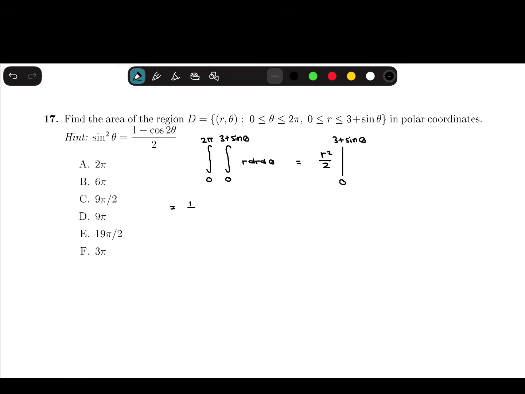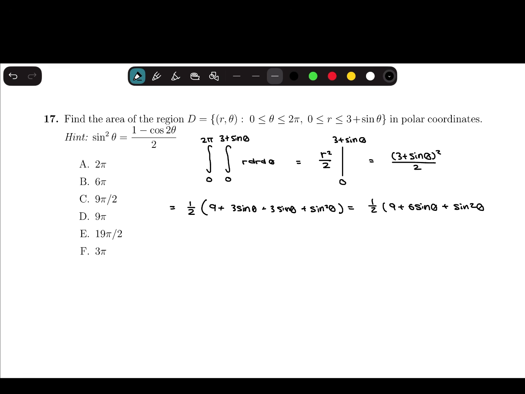This will be 3 plus sine of theta squared over 2, which gets us 9 plus 3 sine theta plus 3 sine theta plus sine squared theta, which simply gets us 1/2 times 9 plus 6 sine theta plus sine squared theta.